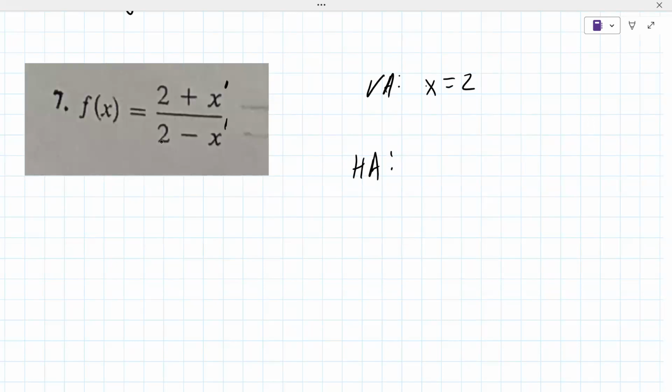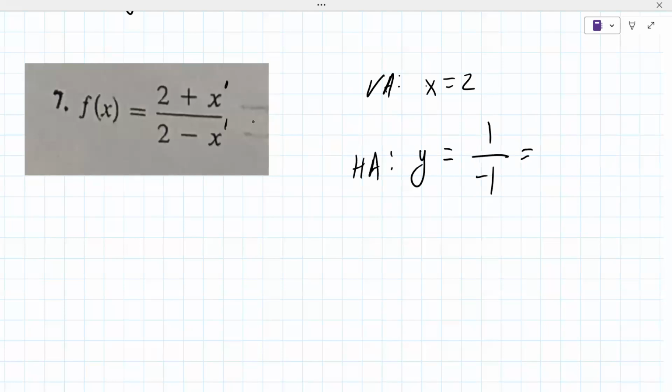I think that's for the bottom one. It's not the bottom. What's the degree of the top? What's the biggest exponent on the top? What's the biggest exponent on the bottom? It's 1. They're the same. So it's the ratio of the leading coefficients. What are the coefficients in front of x on the top and x on the bottom? 1 and -1.